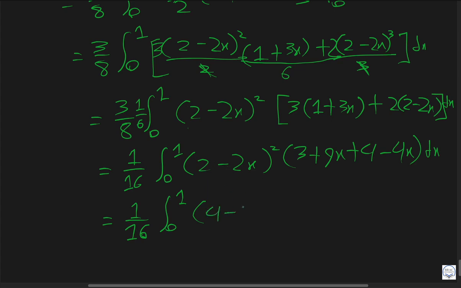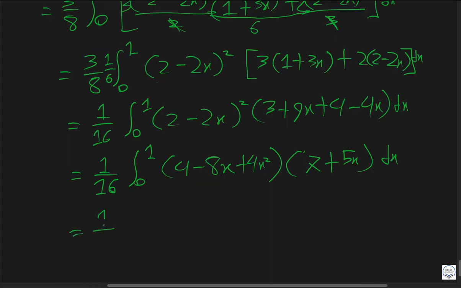We have 4 minus 2 into 2 into 2 is 8x. Okay, let's simplify this. So 3 plus 4 is 7, 9 minus 4 is plus 5x. So 4 minus 8x plus 4x squared times 7 plus 5x.